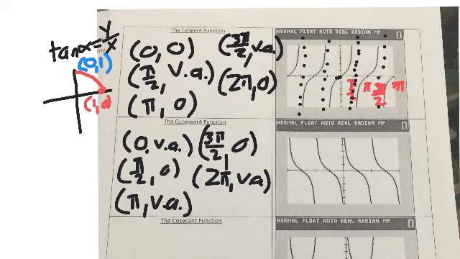And then period change. That's the one I wanted to talk about with tangent and cotangent. Period is how long it takes for the graph to repeat itself. With sine, if you'll remember, we start off here at the origin. The graph goes up, it goes down, and then it comes back to complete one cycle. So the period of sine and cosine was 2 pi.